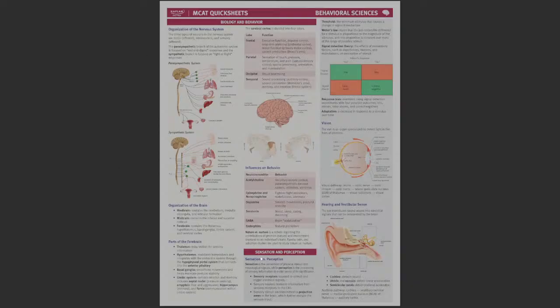The major difference between sensation and perception is that sensation is the converting of physical stimuli into neurological signals, while perception is using that sensory input to make sense of our environment.